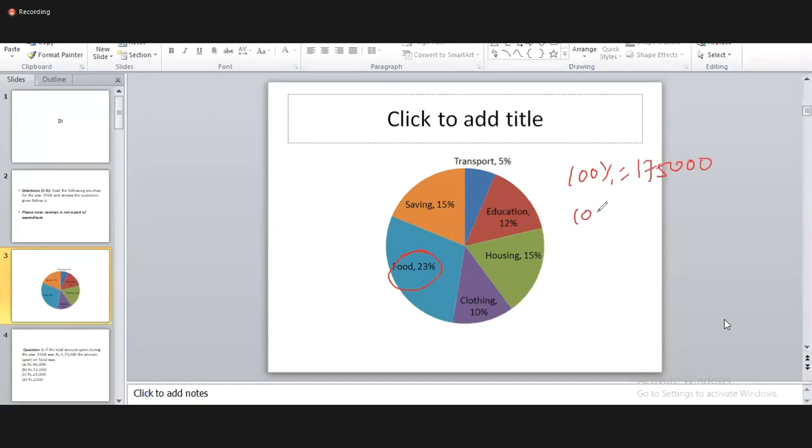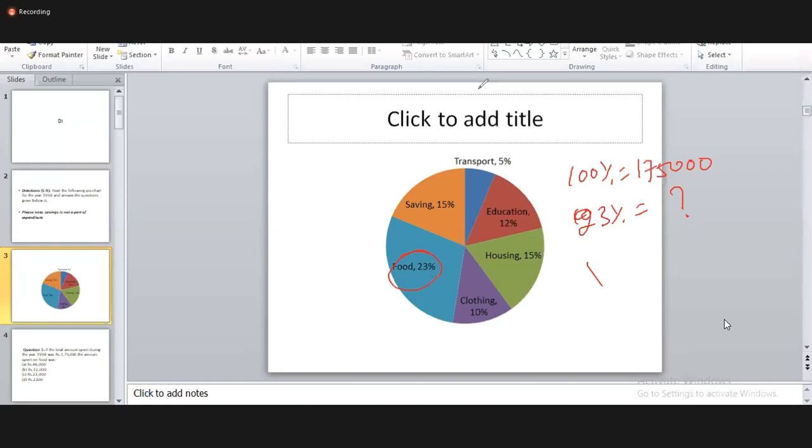So food is what percent? 23%. So 23% is what? The answer is 40,250. Yes, that's the correct answer.